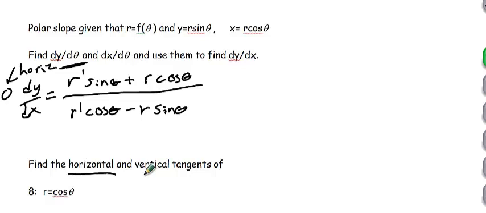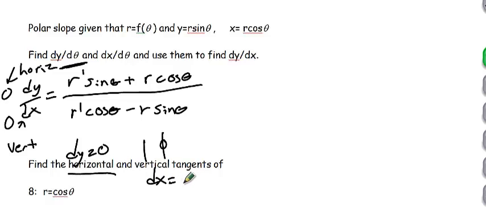If I want a vertical, that's when I have undefined slope, and that happens when dx is 0. So to find the horizontal tangents, you set dy equal to 0. For the vertical tangent, you set dx equal to 0. Now, dy is this whole fun thing, dx is this whole fun thing, and again, I wouldn't try to memorize this, I would do it each time.